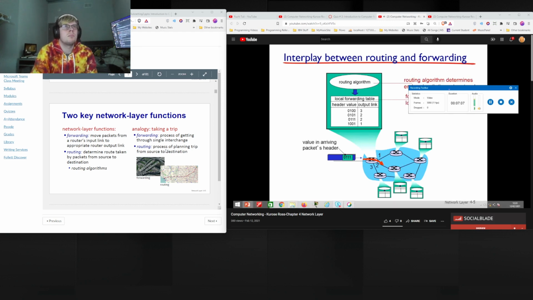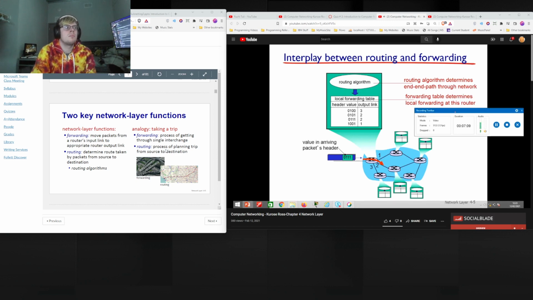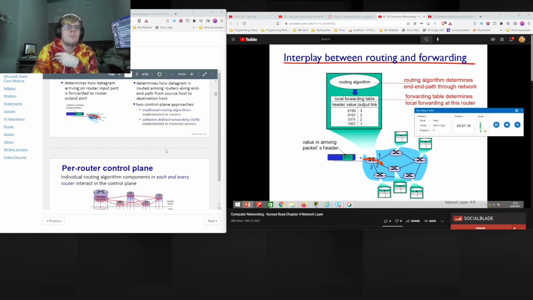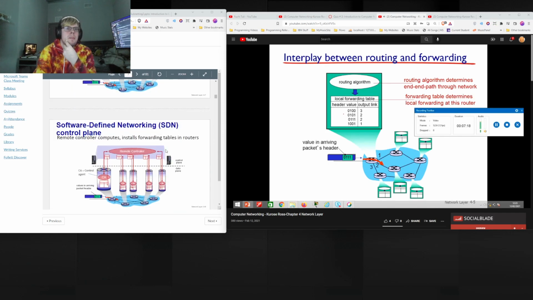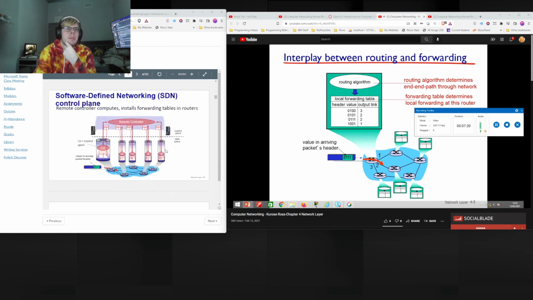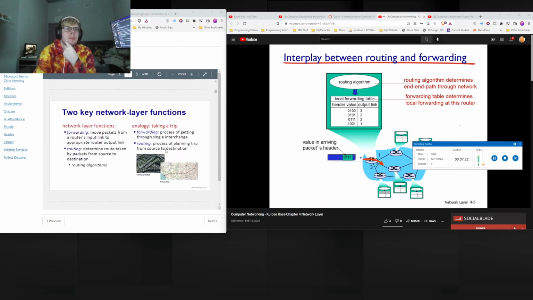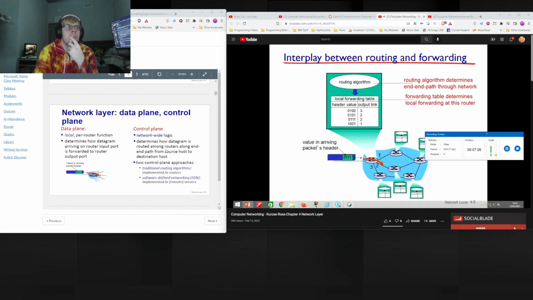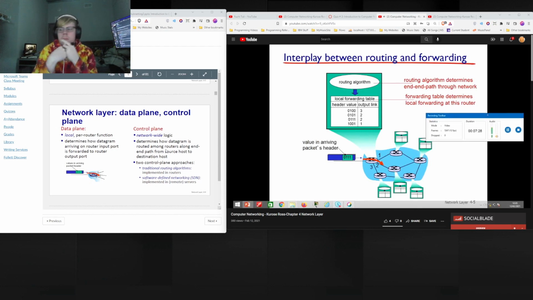The routing algorithm determines the end-to-end path through the network, and the forwarding table determines the local forwarding at the router. The basic purpose of the forwarding table is to determine the output port to which the packet should be directed.